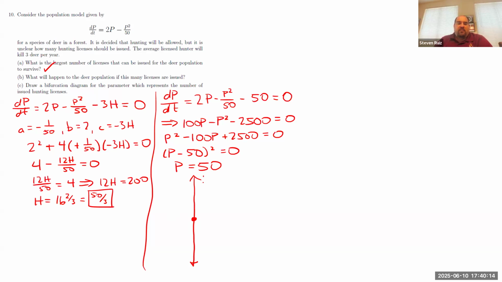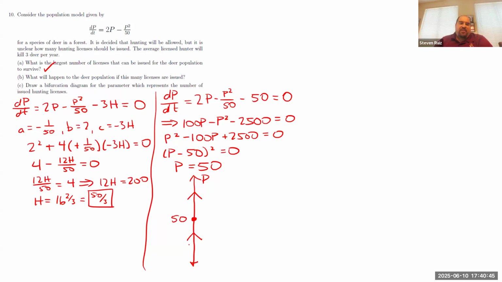So 50 deer is an equilibrium population. What happens if I have more or less? So we rewrote this equation to p minus 50 squared. Since I'm squaring this, if it's not 0, it'll be positive. So I'm going to have a node at 50, basically.